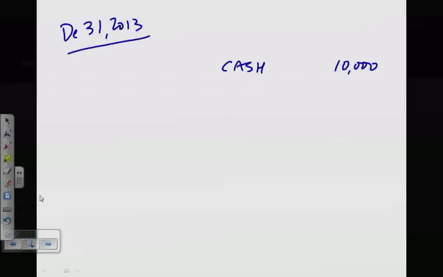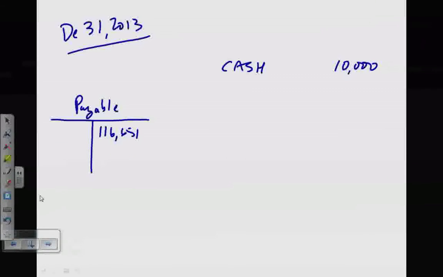We have this payable, and I'm going to combine them, and that payable is $116,651. That's what's currently on the books. So the $100,000 plus the $16,651, right? We didn't recognize the gain. We didn't lower that amount, and the carrying value is still $116,651.